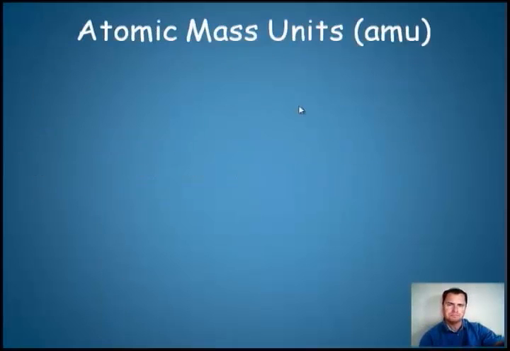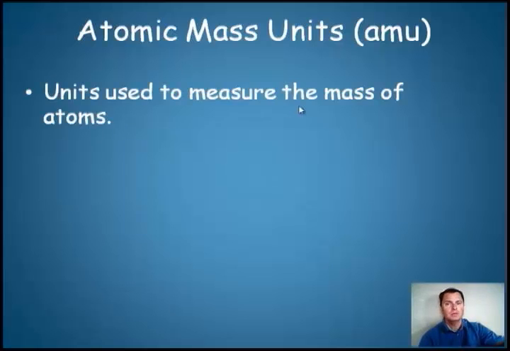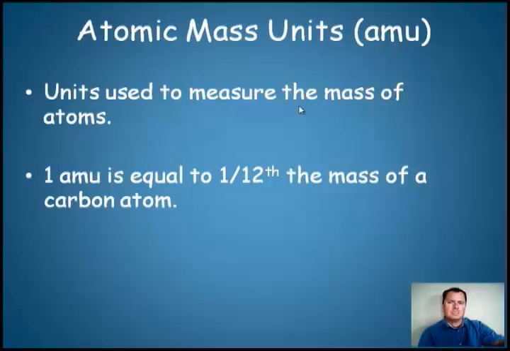Measuring the mass of a single atom, it is very, very small. So scientists have developed something called the atomic mass unit, abbreviated AMU. It's the unit used to measure the mass, or kind of think of it as the weight, even though weight's not the correct term, of an atom. And 1 AMU is equal to 1/12 the mass of a carbon atom.